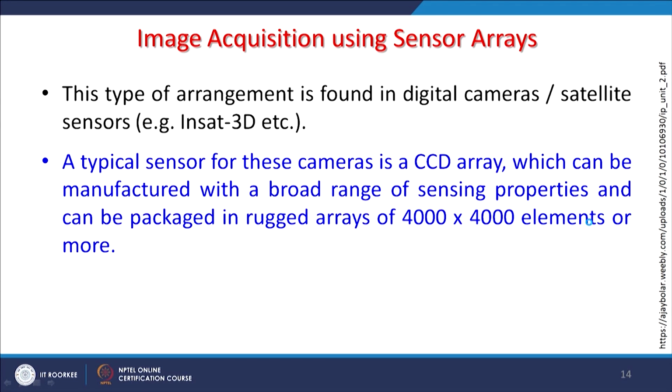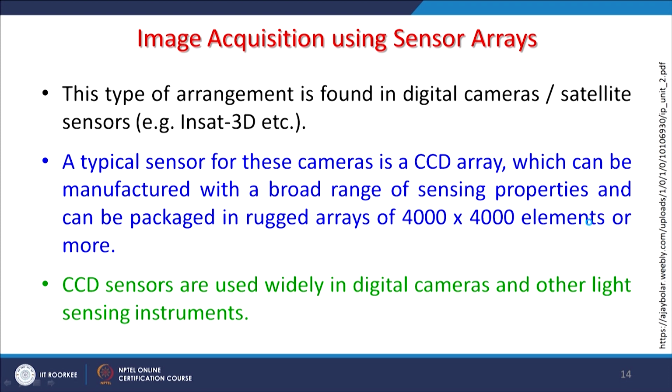But when we go for a linear one, then this linear array is arranged across the motion of the sensor or satellite, and therefore it is possible to acquire images. The only problem with such linear arrays is the calibration of each CCD. These have to be calibrated perfectly. That means their individual performance should match with the others.